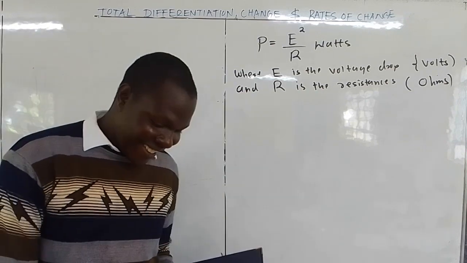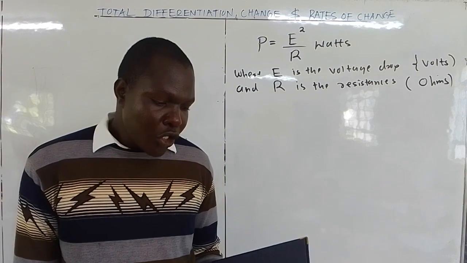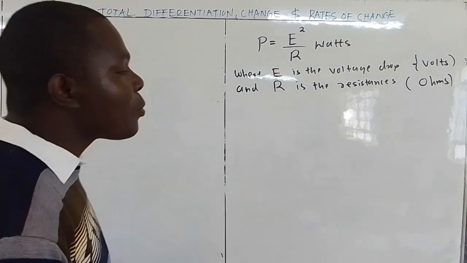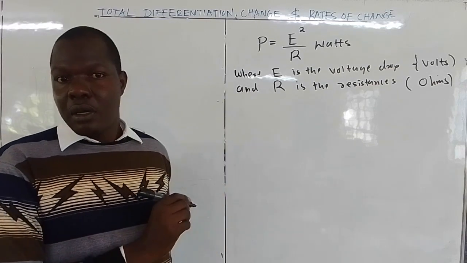Then you've been told, use partial derivatives to approximate the change in power. Are we together?